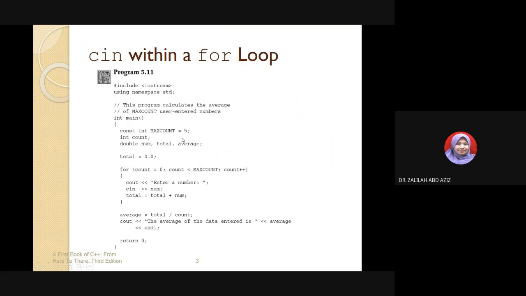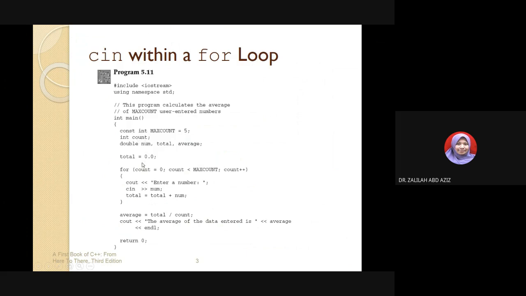We will calculate the total of the numbers entered by the user, and then we will see how to compute the average from the total. So int main, and then constant int max count is equal to 5. So max count is given the value 5, and then int count.